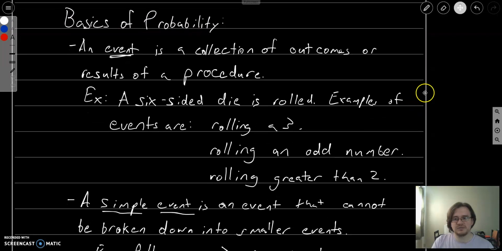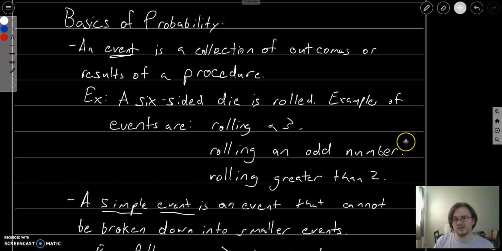So for example, if we roll a six-sided die, an example of an event might be rolling a 3. What's important is that if we roll the die, we know if we rolled a 3 or not. It either happened or it didn't. Another one might be rolling an odd number. You'll notice here there's more than one way to roll an odd number.